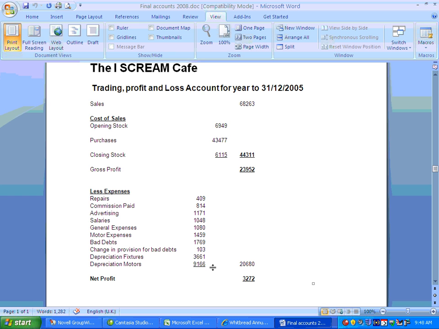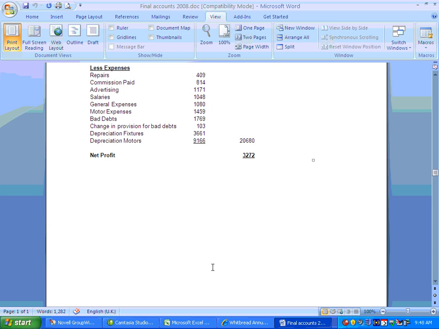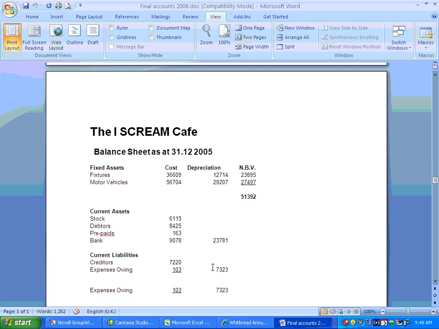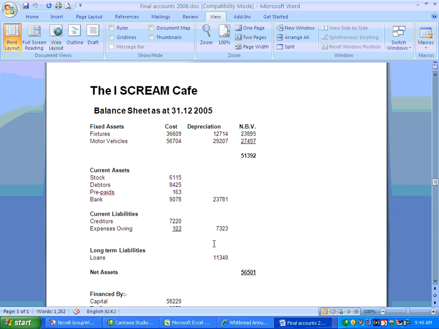Now in the balance sheet, we also have to put the value of the assets as at the end of 2005. So we've got the balance sheet here, there's the motor vehicles, original cost 56,000, and now depreciation to date is the 20,000 that we had in as a provision in the trial balance.